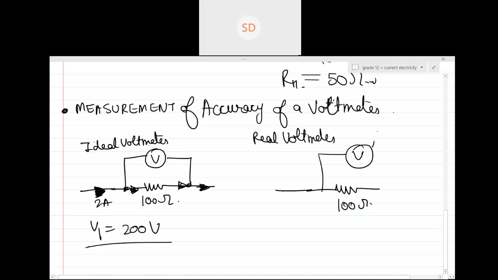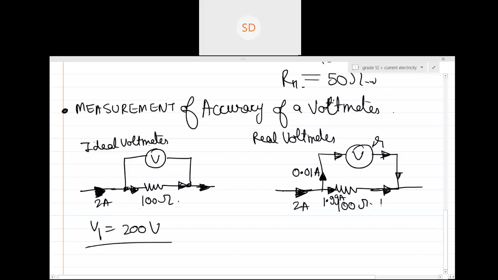So let us say this voltmeter has some internal resistance R, and let us assume that when this 2 ampere current was coming, a very small amount of current, let's say 0.01 ampere, flows through the voltmeter, and the remaining 1.99 ampere will flow through this 100 ohm and then come back to the battery.